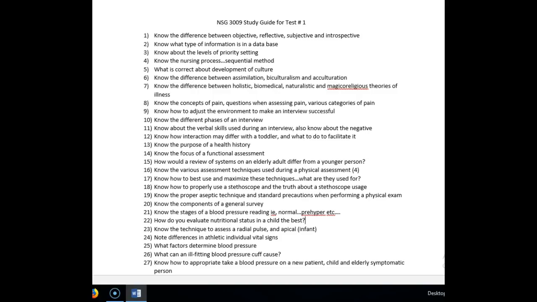So you might have that person on daily weights. You want them to weigh at approximately the same time every day, on the same scale with the same type of clothing, so that you can get the most accurate reading. Because if there's a change of 2 pounds, that could be the difference between them going to the hospital or not. So you have to keep that type of thing in mind.